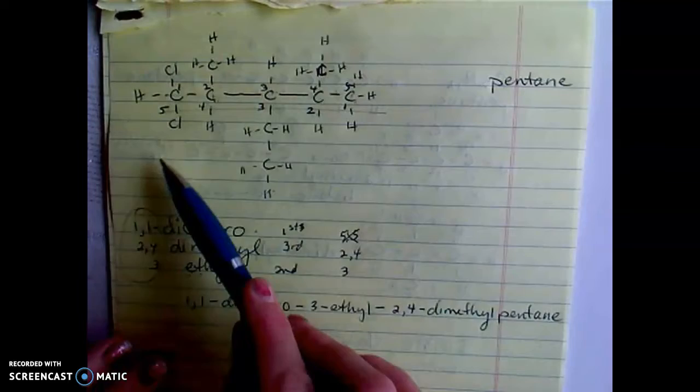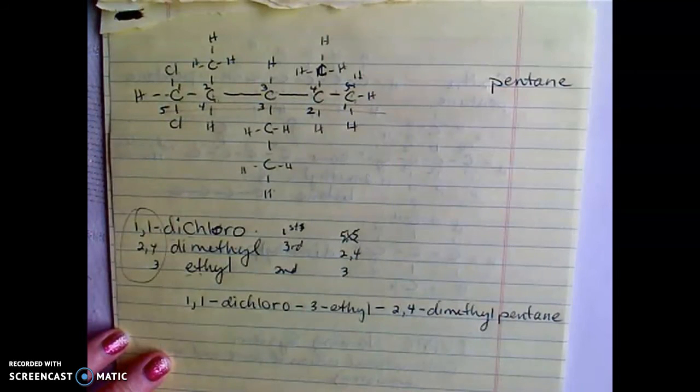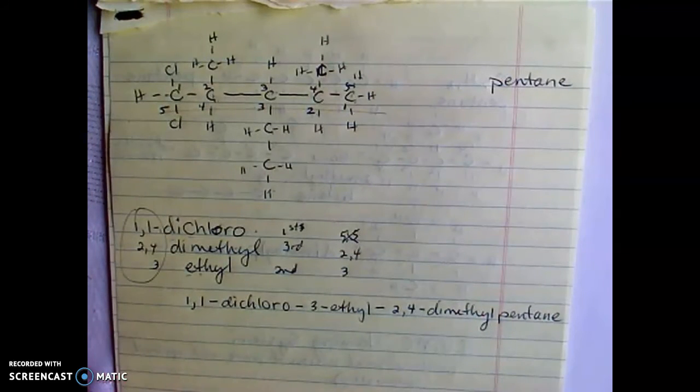Now, again, this structure was very complicated. It's something that you couldn't easily put together on the computer. You couldn't actually type it out very well. At least I couldn't. So sometimes they have what we call a condensed structural formula.